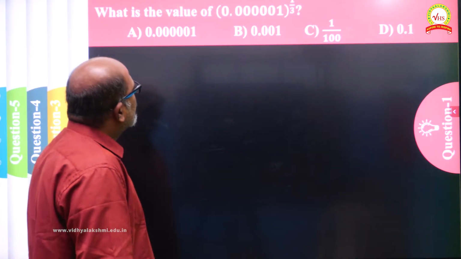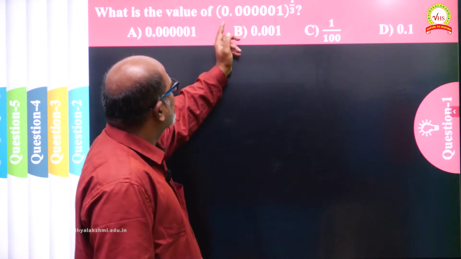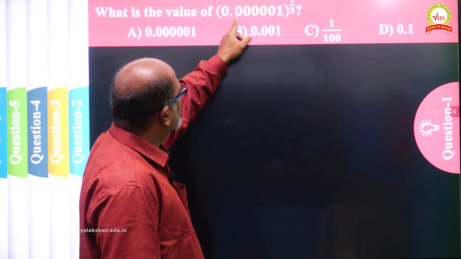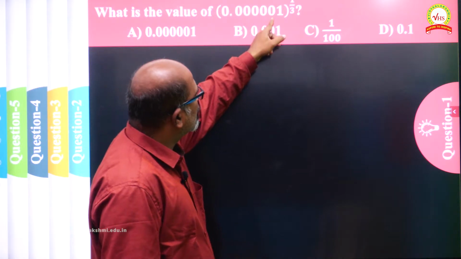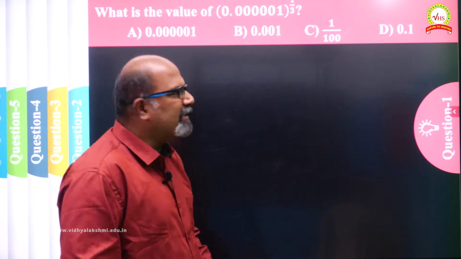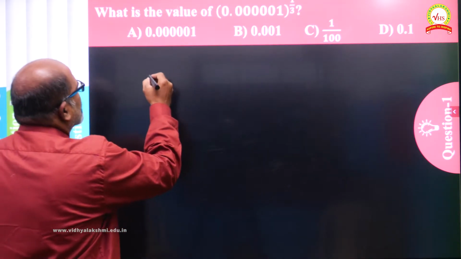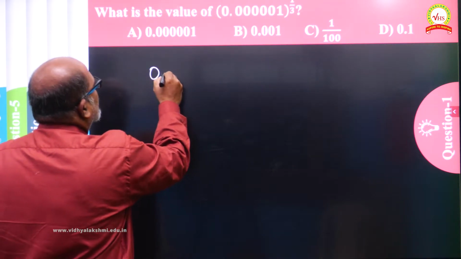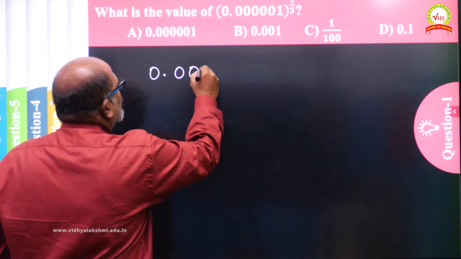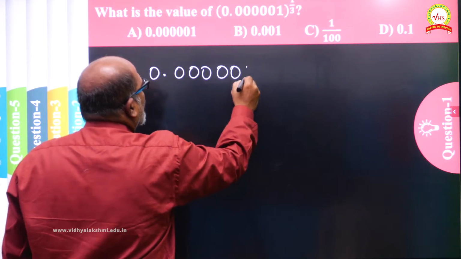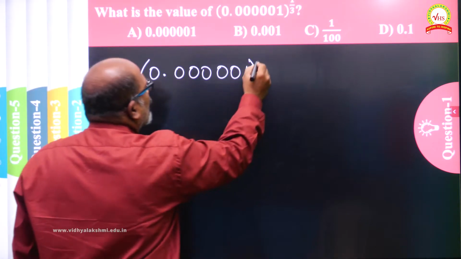What is the value of 0.000001 the whole power 1 by 3? So, let me take the question first. 0.000001 the whole power 1 by 3.